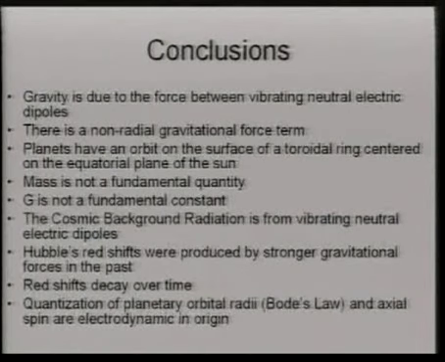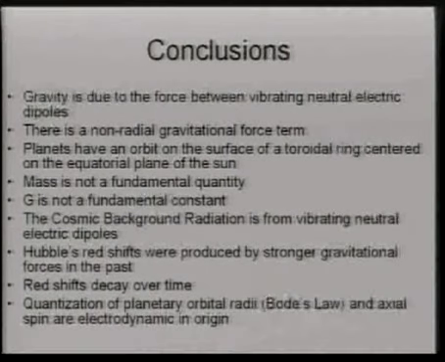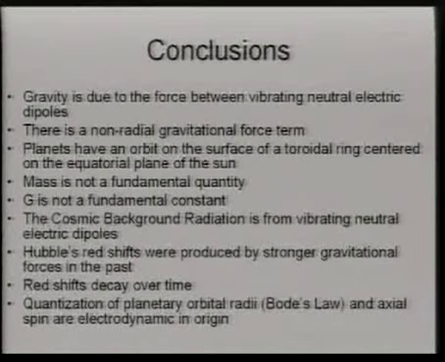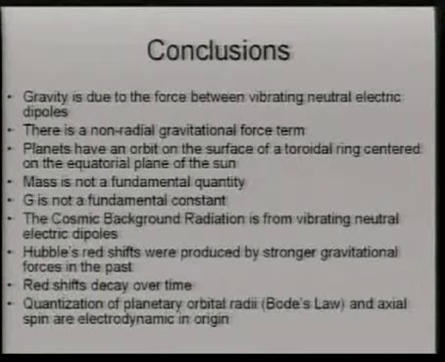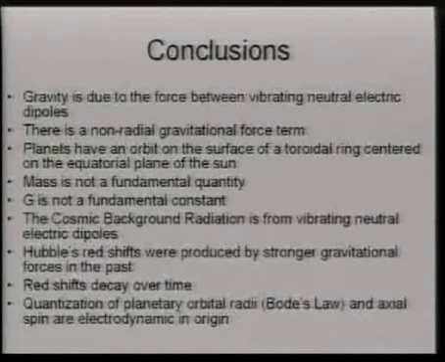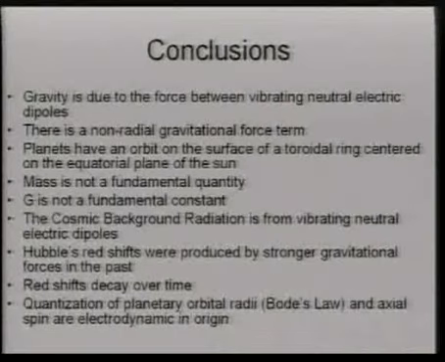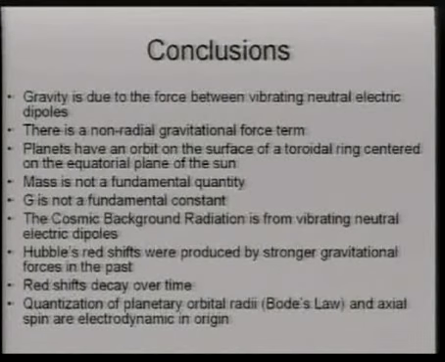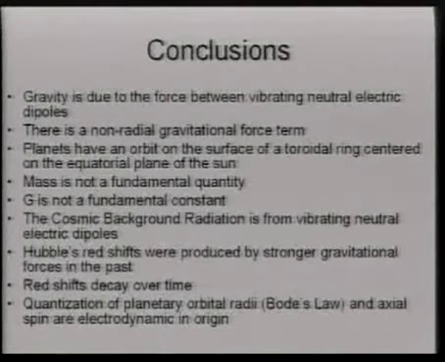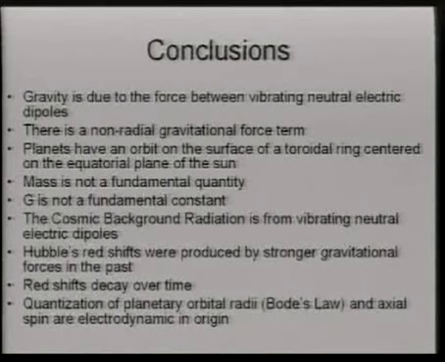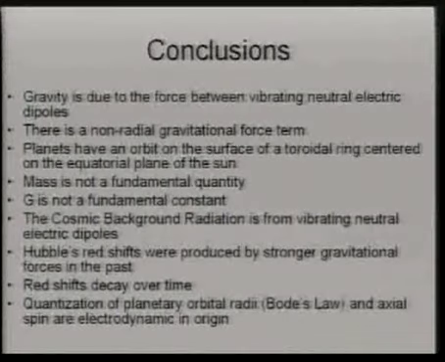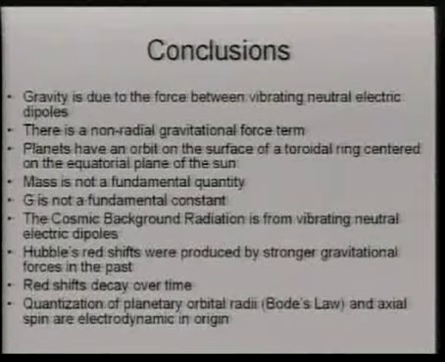We find that mass is not a fundamental quantity. In fact, when Kepler first put out his laws, there was no mass in them. But he could explain the orbits of all the planets about the sun. And NASA uses Kepler's laws for calculating the orbits for all their space shots because it's easier, and it doesn't involve mass at all.